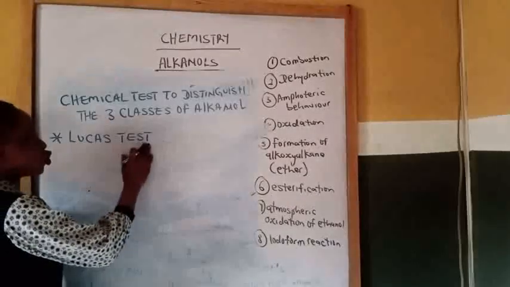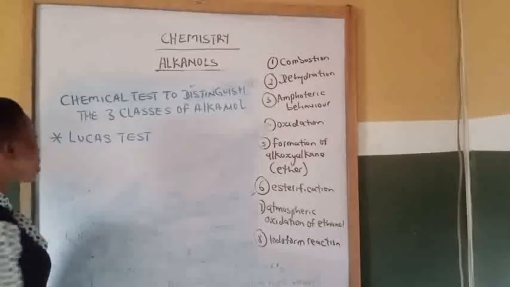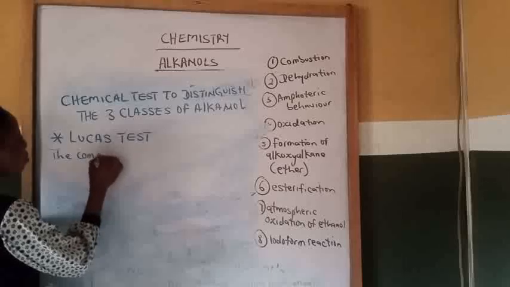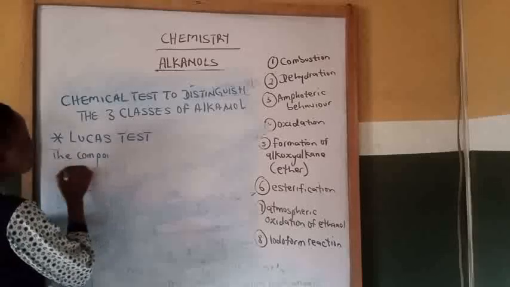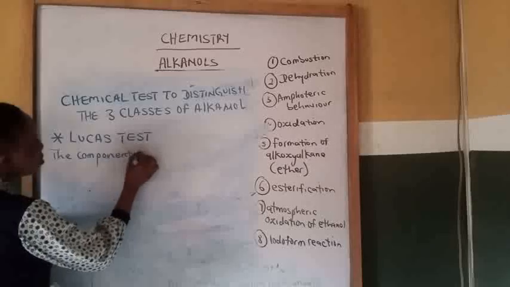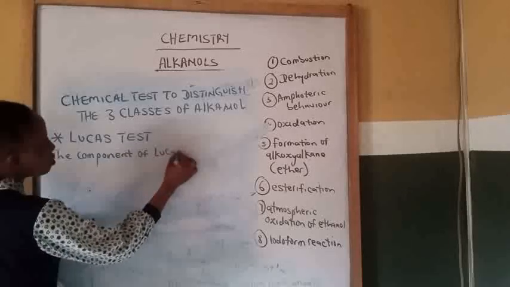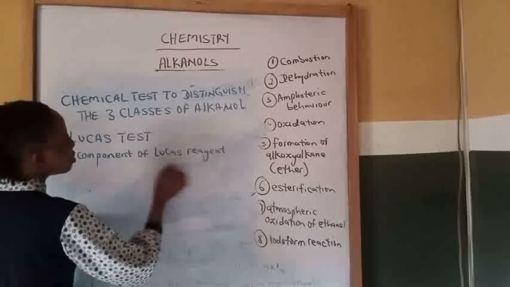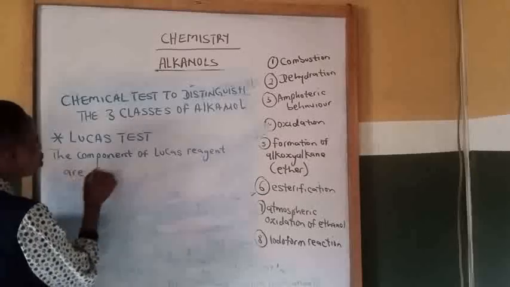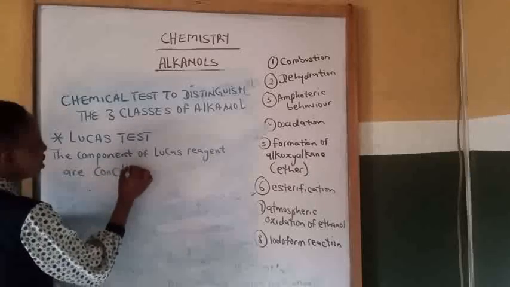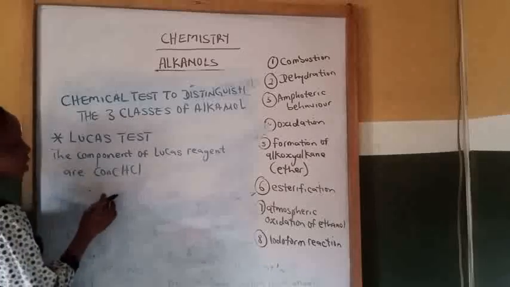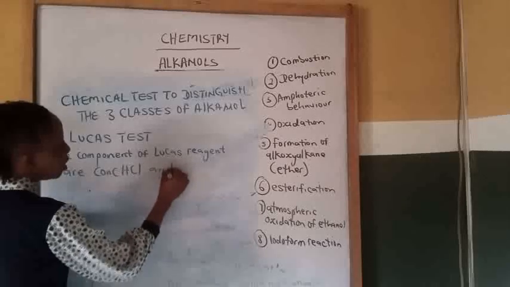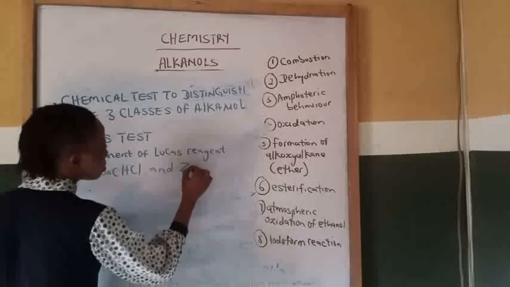Then what are the components of Lucas reagent? The components of Lucas reagent are concentrated HCl, that is concentrated hydrochloric acid, and aqueous zinc chloride.